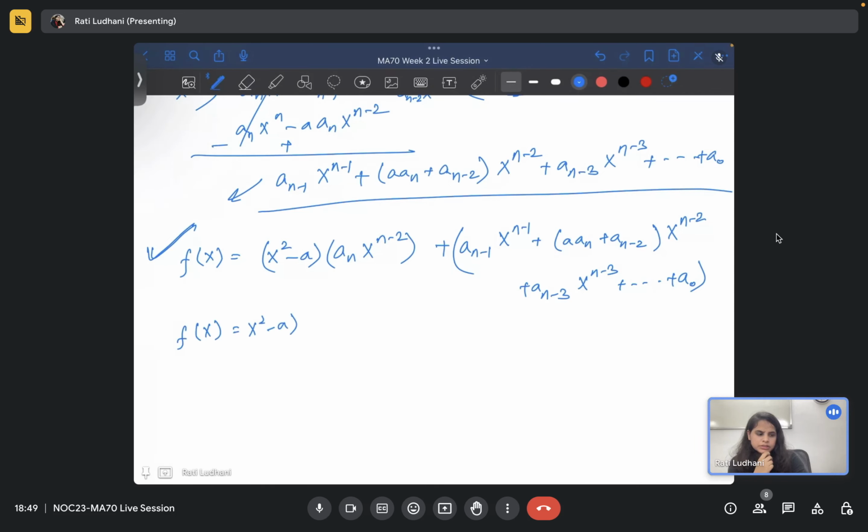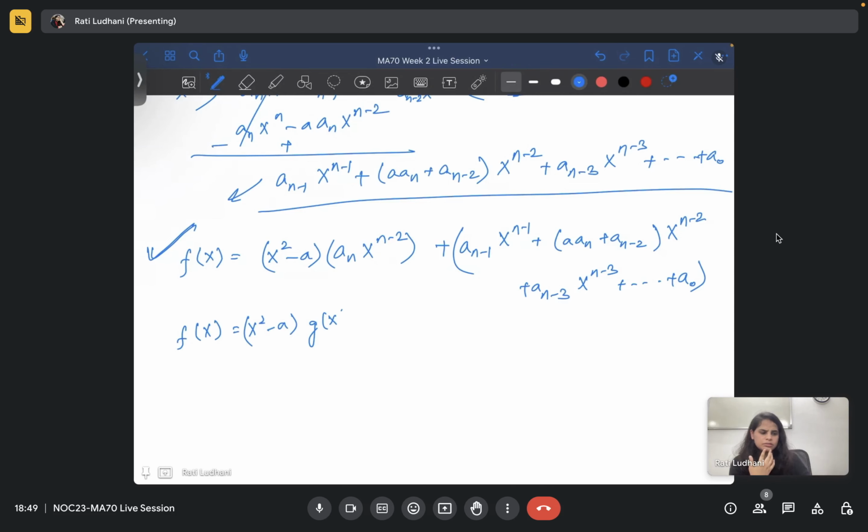So you are saying this, no? But how will you come back from the other side? Yes, ma'am, because x square minus a divides f(x), that is the assumption, so f(x) equals x square minus a into g(x).